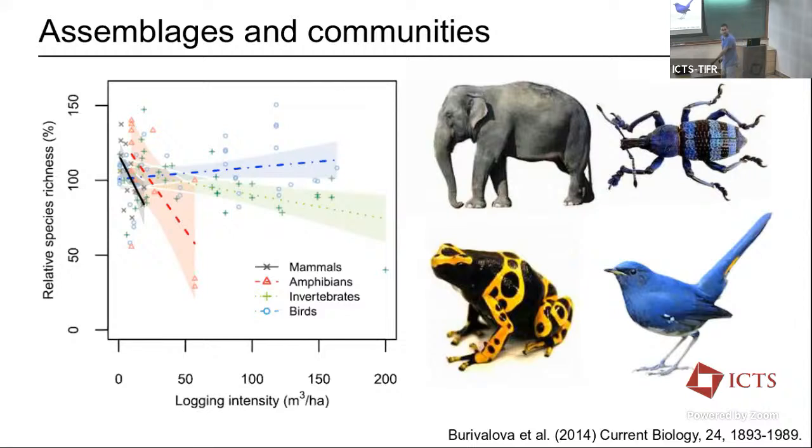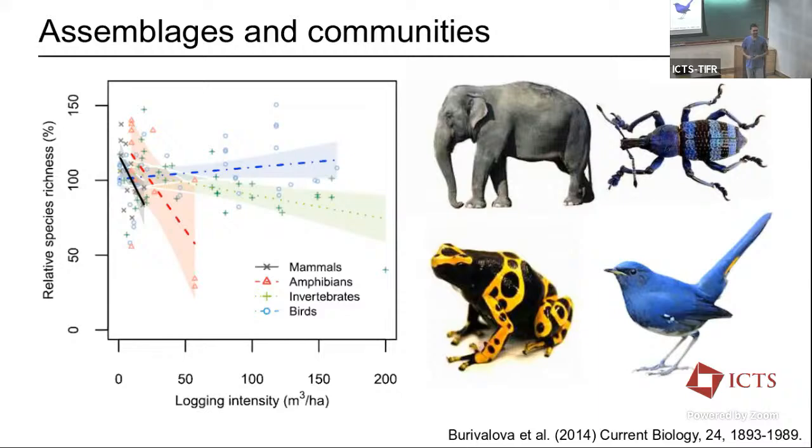Because very often we talk about bird communities or mammal communities, but communities are not taxonomically defined. Communities are defined by their interactions between species and interactions of species with the environment. So when I say bird community and I say I'm a community ecologist and I study birds, I'm an assemblage ecologist.